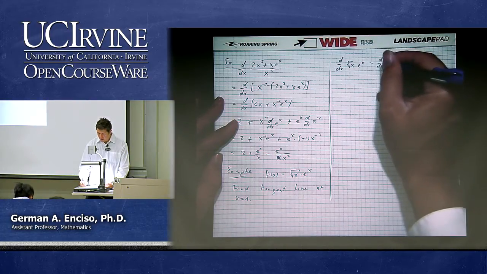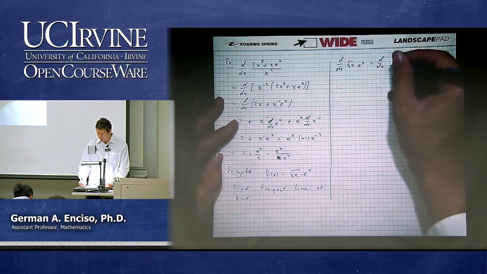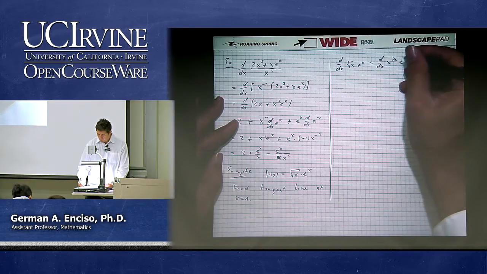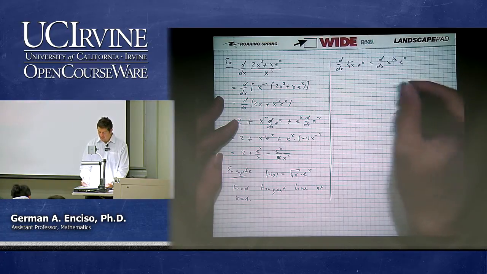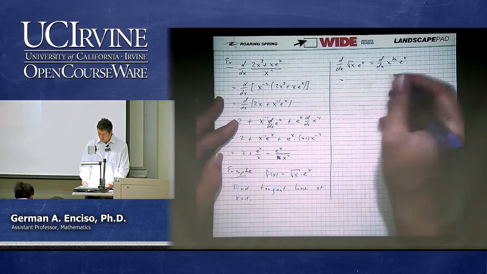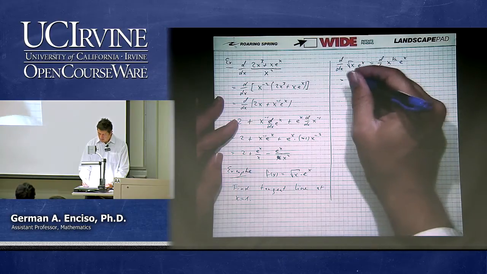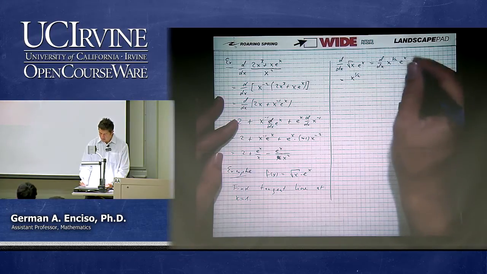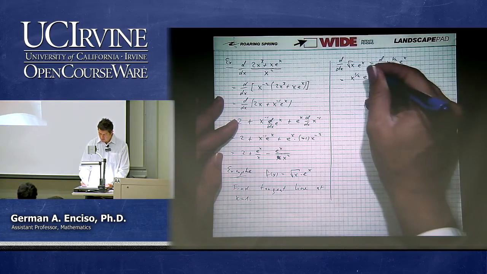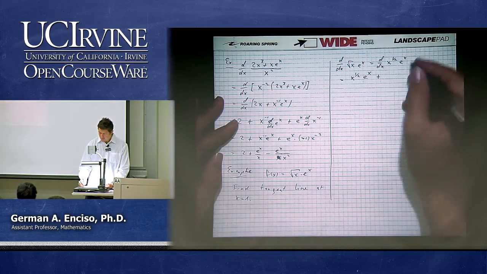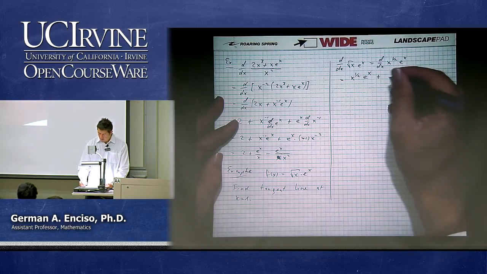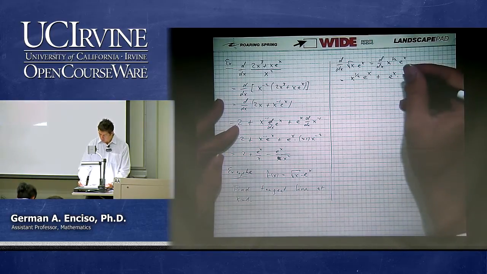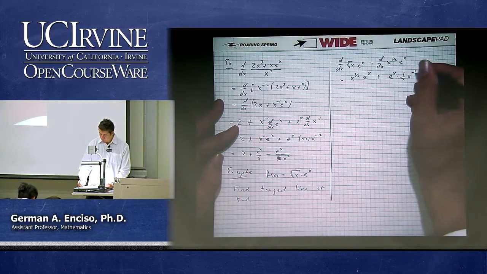And just because today I talked to you for the first time about the power rule, let's write this down as a power, x to the 1/2 times e to the x. So this is x to the 1/2 times the derivative of e to the x, which is e to the x, plus e to the x times the derivative of x to the 1/2, which is 1/2 x to the minus 1/2.